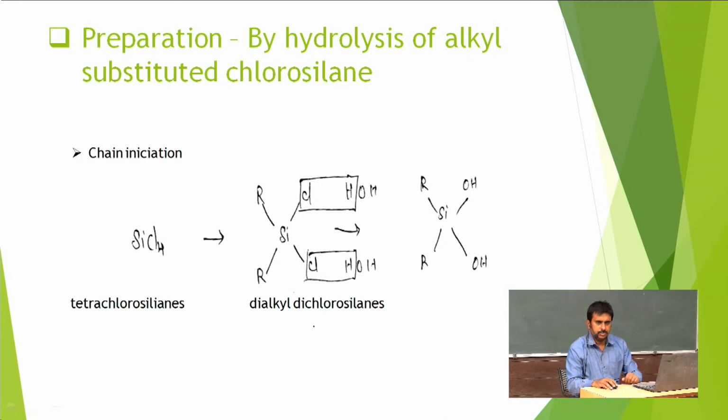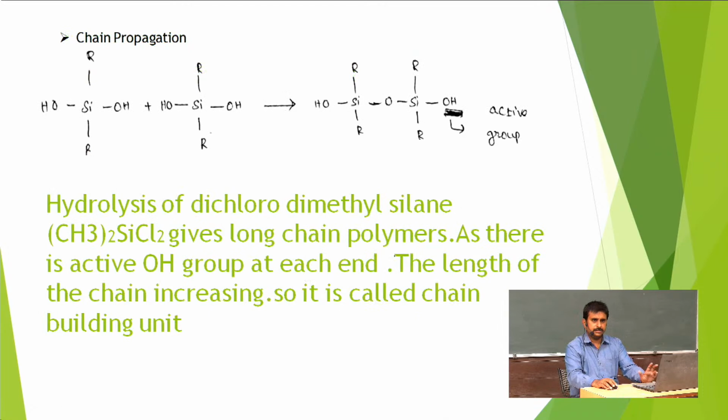This dialkyl chlorosilane is hydrolyzed by using H2O, and both the chlorine atoms react with protons of the water molecule and move out in the form of HCl, and the hydroxide groups are attached to the dialkyl silane, forming hydroxysilanes.